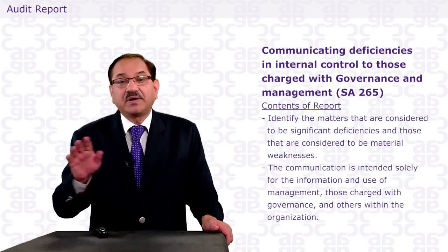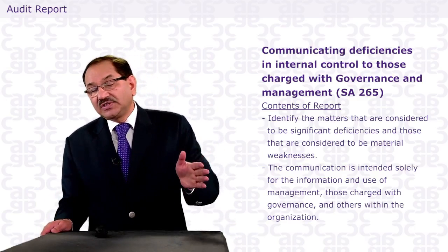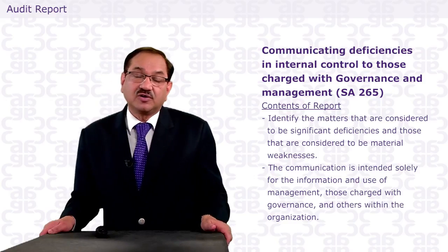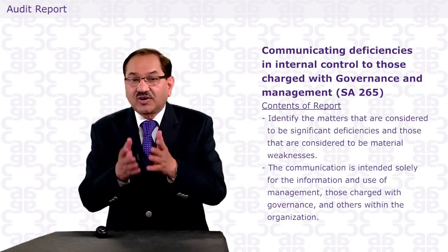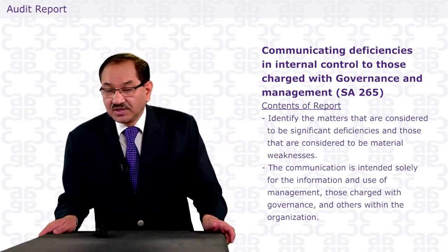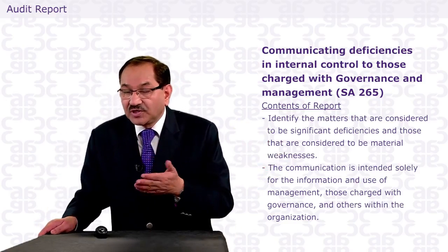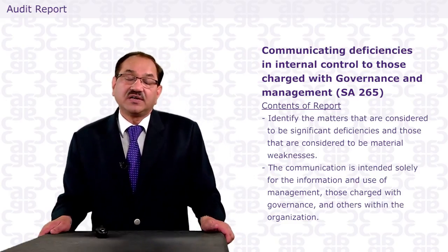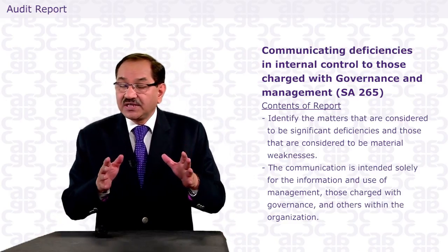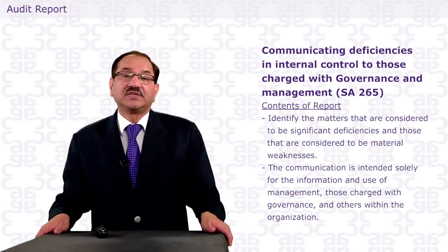You can't make it public, and it is not intended that anybody else can use this. Anybody can use our audit opinion, which we will be giving you, when we express our opinion whether the financial statements are true and fair. That opinion and that report can be used by anybody.